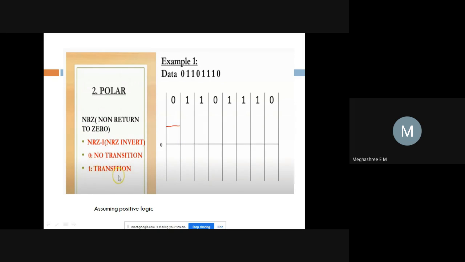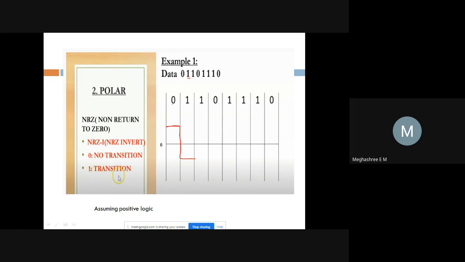When there is bit 1, see the next bit here, it is 1. There should be a transition, right? The signal is at the positive side, and as the next bit is 1, you have to make a transition, that is, move to the negative side. I hope this is clear to everyone.